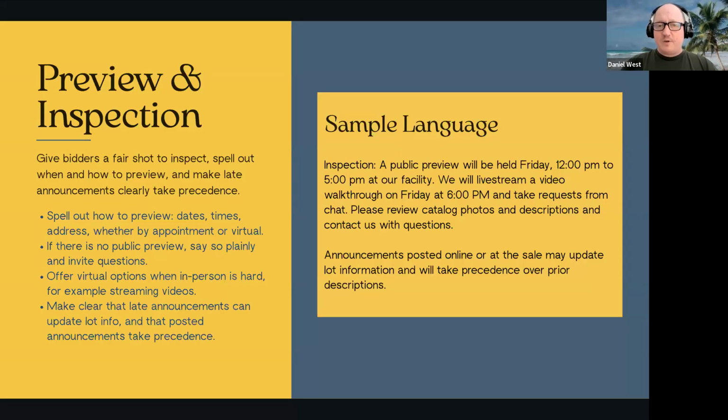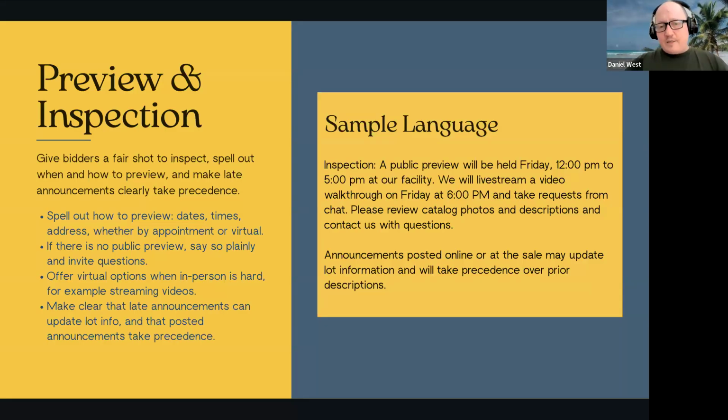Maybe you discover that the odometer reading is different than you imagined on a car, or different than you had written down. Maybe something has changed with the terms and conditions of the sale itself. Either way, put into the preview and inspection period a little bit of language that any announcements that you make later on will take precedence over anything that was said or seen during the inspection period.